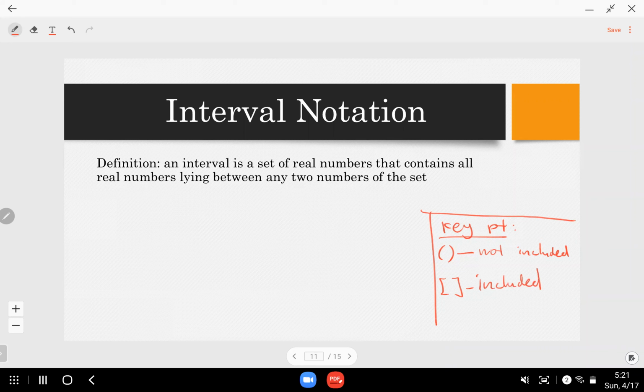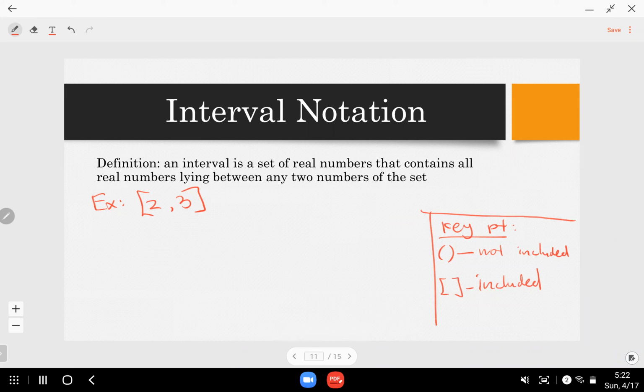Let's go back to our little example, 2 to 3. When we have square brackets over 2 and 3, square brackets means included, which means 3 is included in the set and 2 is included in the set.